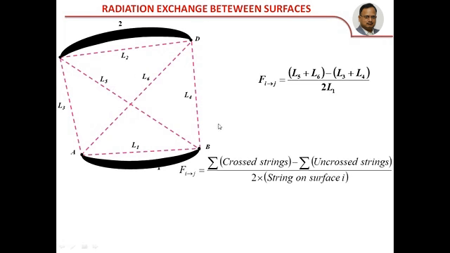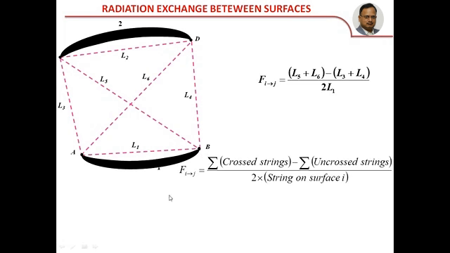that means these diagonal strings L5 and L6 are called crossed strings, and these strings L3, L4 are uncrossed strings. So sigma of crossed strings minus sigma of uncrossed strings divided by the string on the surface i, when I want to determine F i to j, that is 2 times L1.